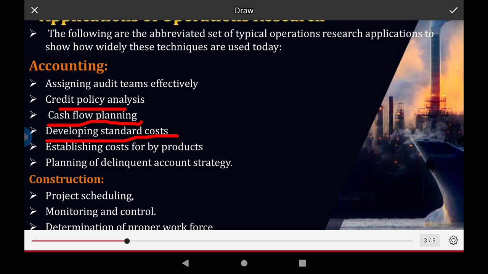The second point discussed is monitoring and control. Monitoring and control use some tools and techniques performed in industries to watch the production systems, and monitor and control the quantity and quality of the product.